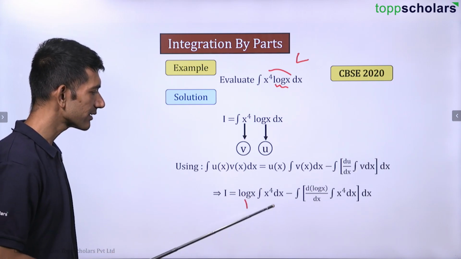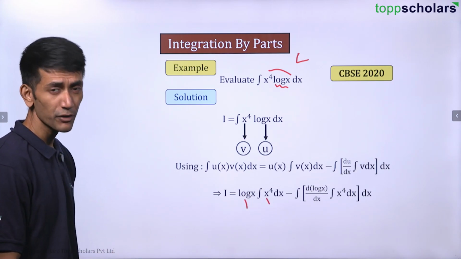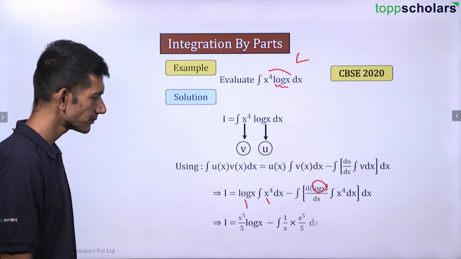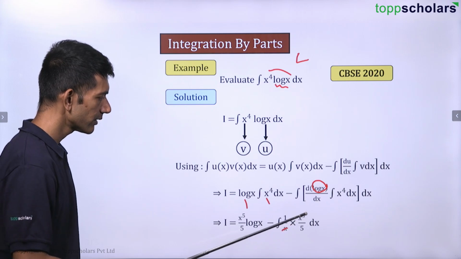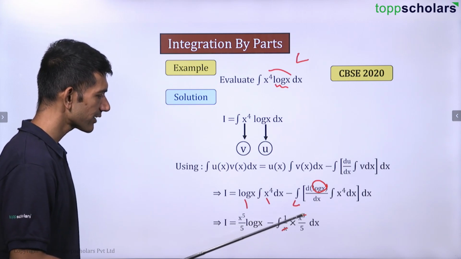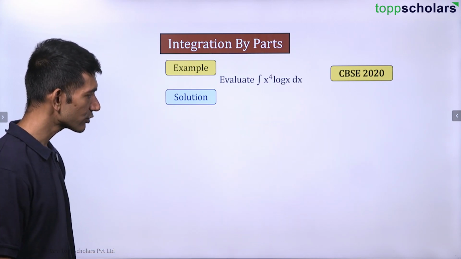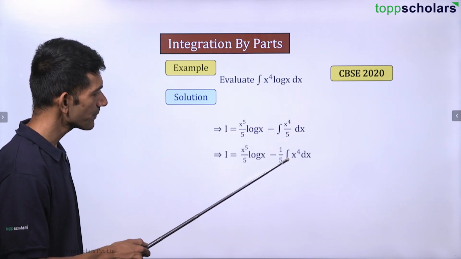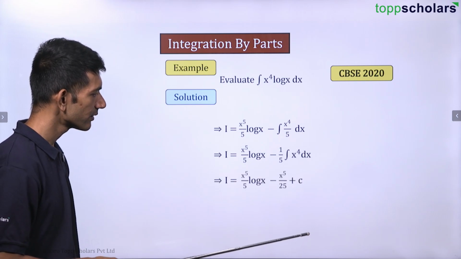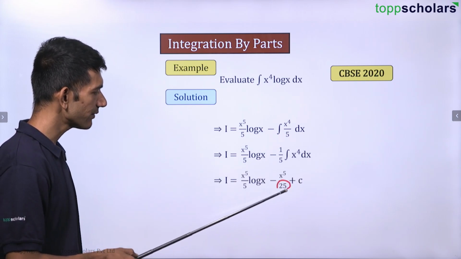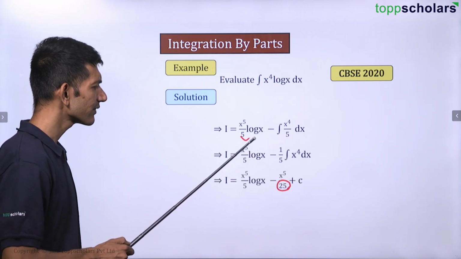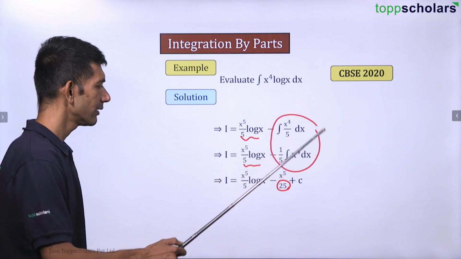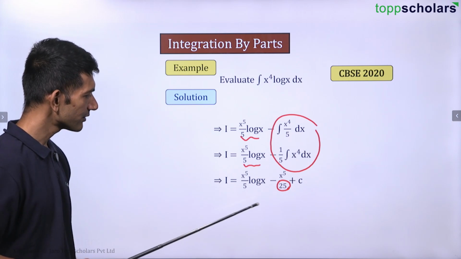Log x remains as it is, this becomes x raised to 5 by 5, log x becomes 1 by x, this becomes x raised to 5 by 5, this gets cancelled, you get x raised to 4, again integration of x raised to 4 needs to be done here, so integration of x raised to 4 will be x raised to 5 by 5, so denominator becomes 25. This remains as it is, right? Only this part was supposed to be solved, and then this is the final answer, right?